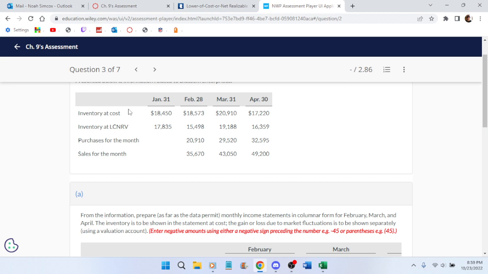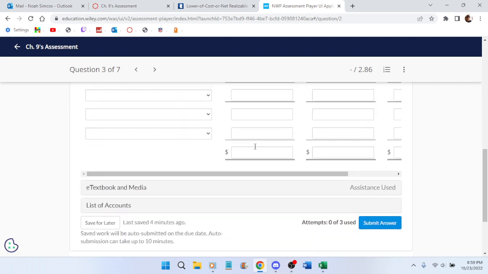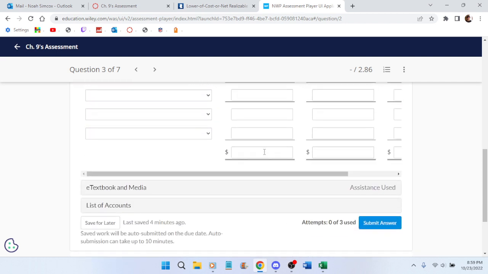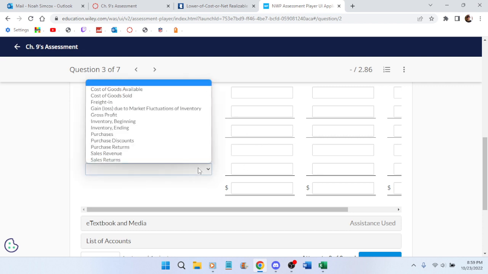First, you have to have beginning inventory. Is this whole thing just so you can simply have the bottom number be your cost of goods sold? Is that the whole thing?